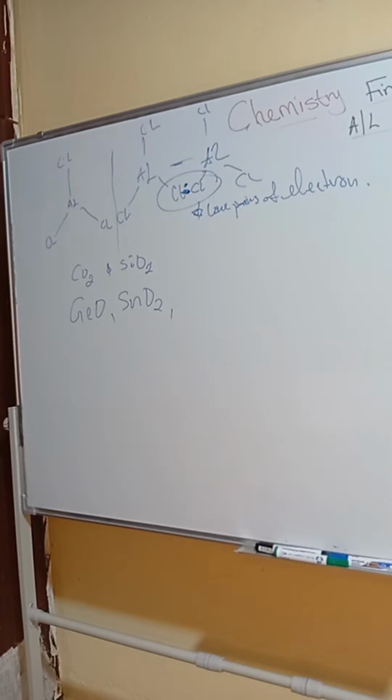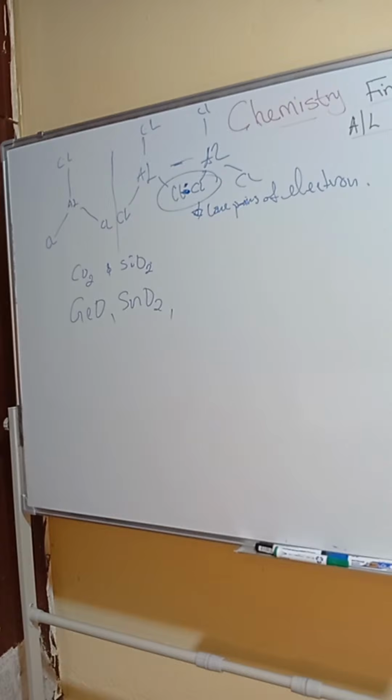Show with an equation the acidic property of one of the acid oxides. Now, let us look at carbon dioxide.